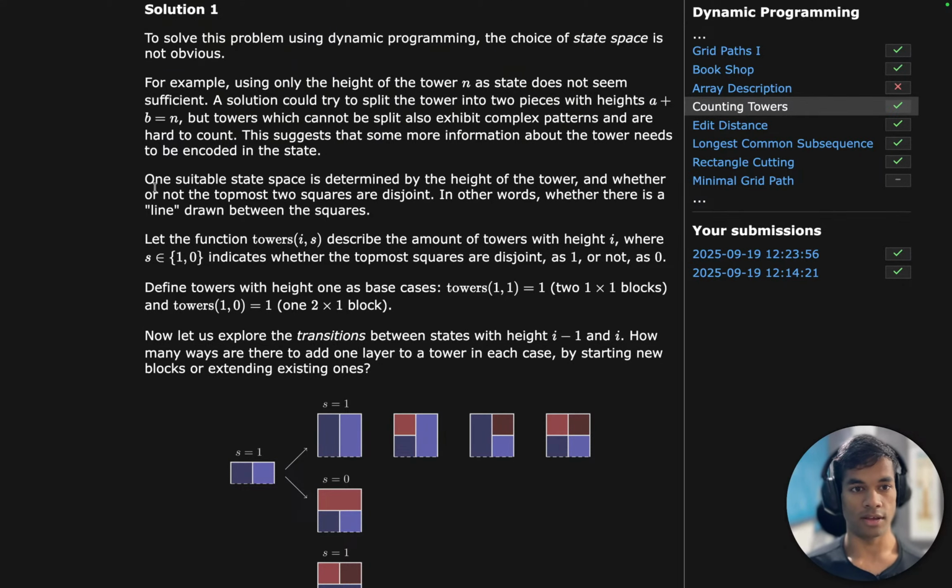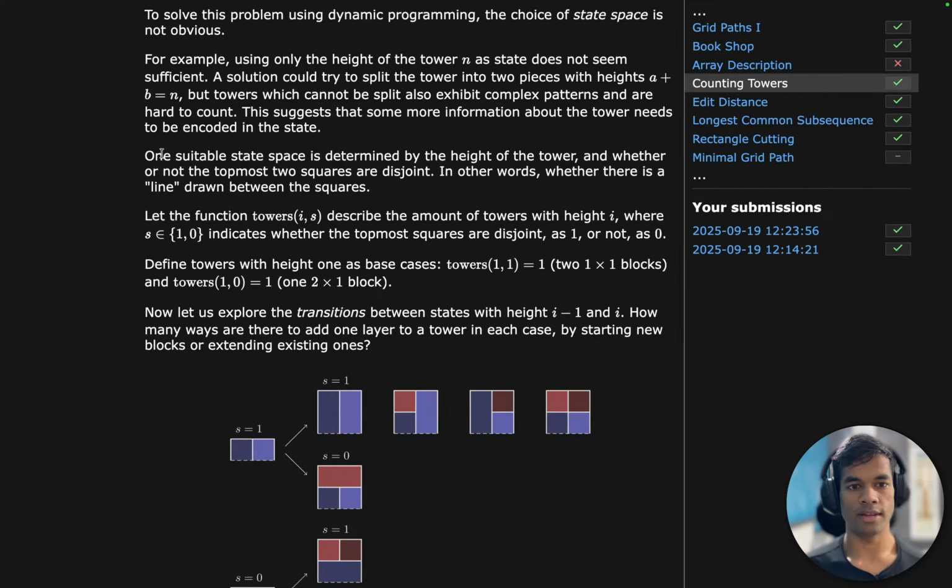In other words, whether there is a line drawn between the squares.